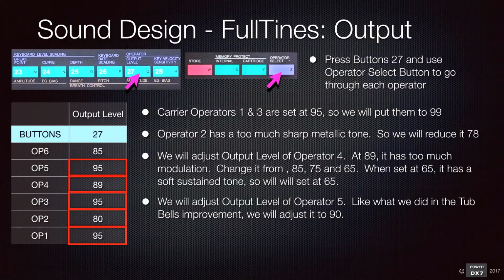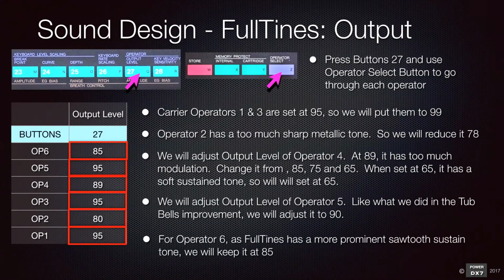For operator 5, like what we did in the tube bells improvement, we will adjust it to 90. For operator 6, as FullTines has a more prominent sawtooth decay tone, we will keep it at 85.